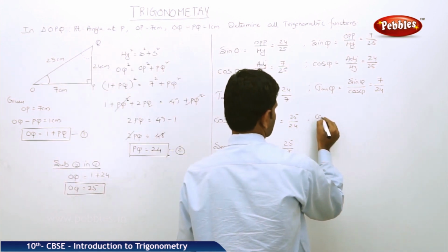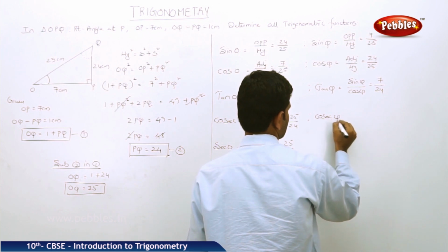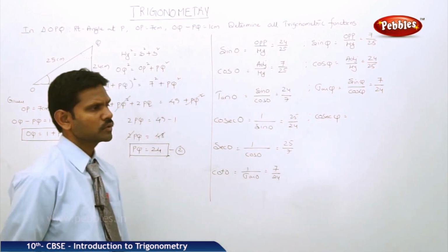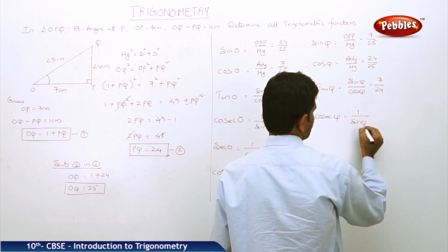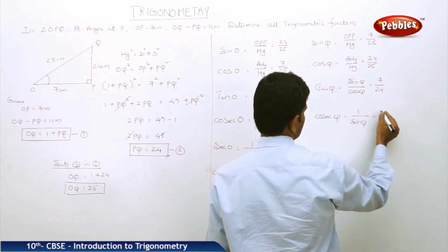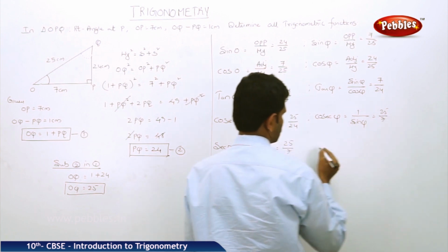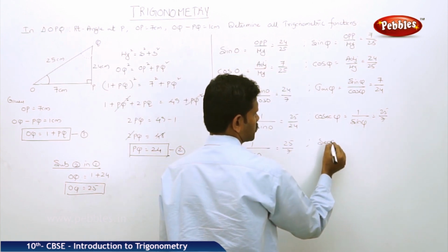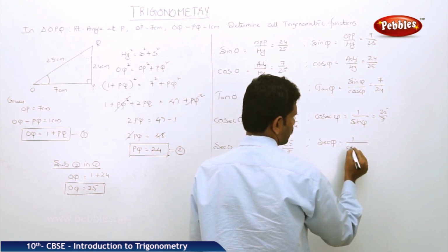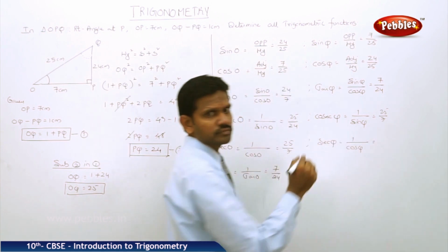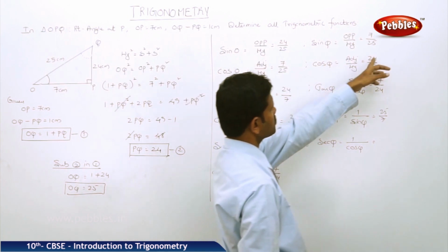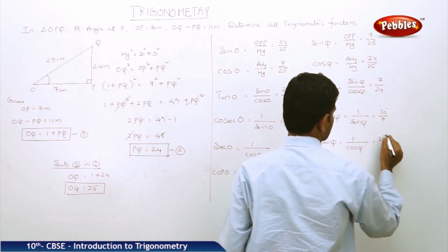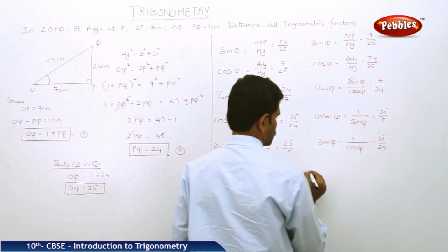Now, after tan, cosecant Q means 1 by sin Q. The reciprocal is 25 by 7. Now secant Q is 1 by cos Q. Cos Q is 24 by 25, its reciprocal is 25 by 24.